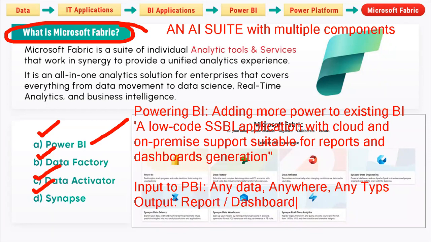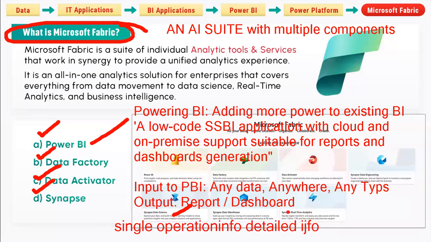What is a report? A report is a place where you show single operation information, and detailed information. And what about a dashboard? A dashboard is subject area information, a task information.